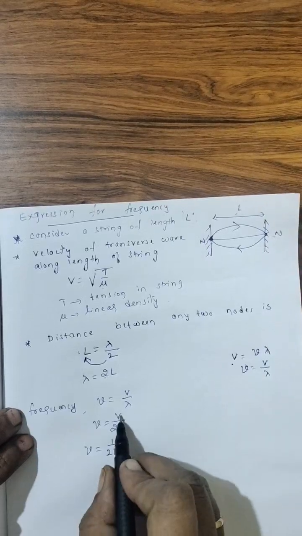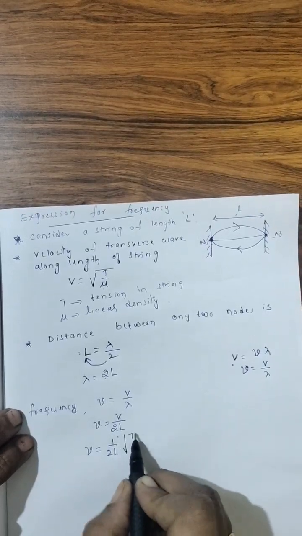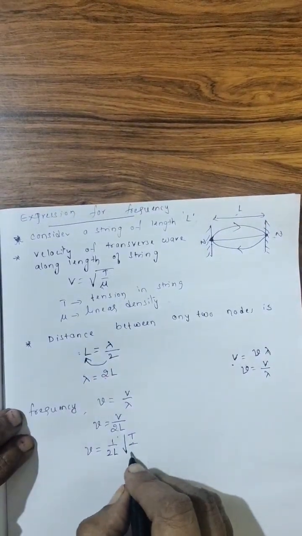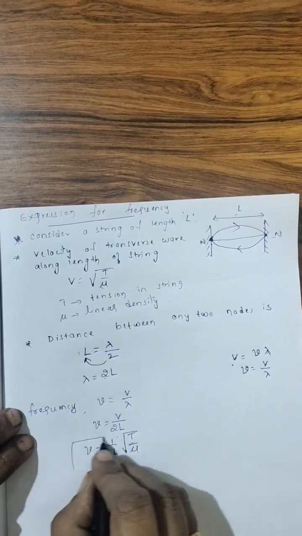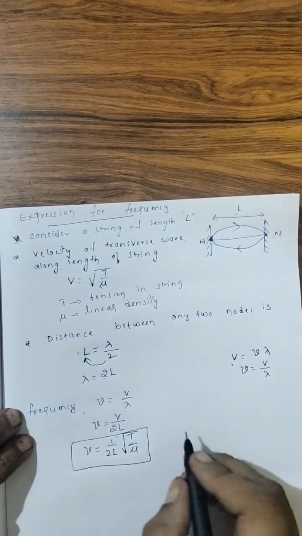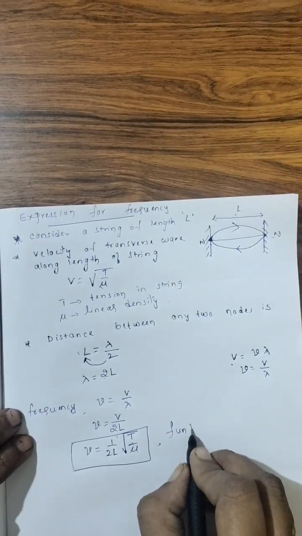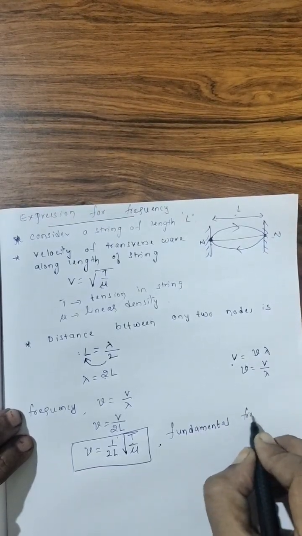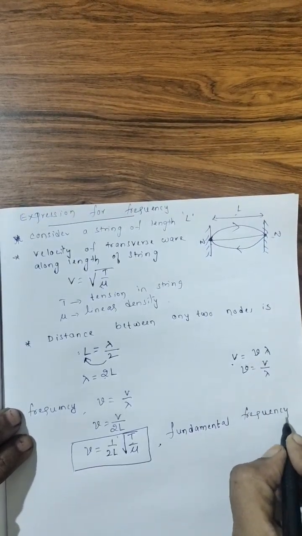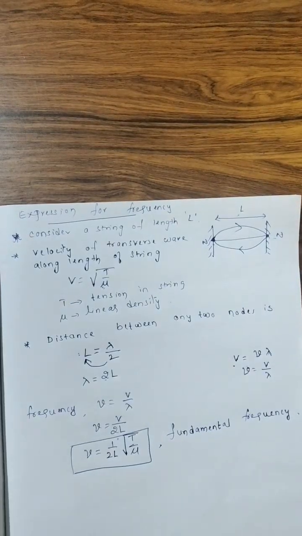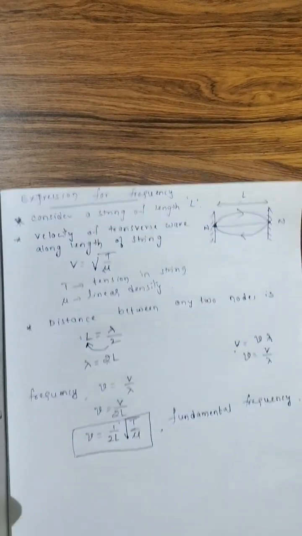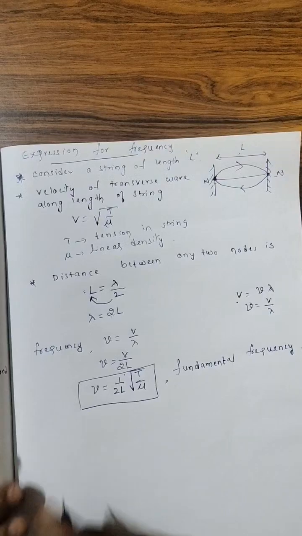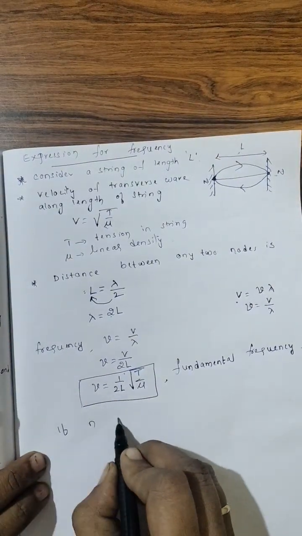Here in place of v, what am I writing? This formula, under root T by mu. Right? This we call fundamental frequency. It is called fundamental frequency. Right? Okay.